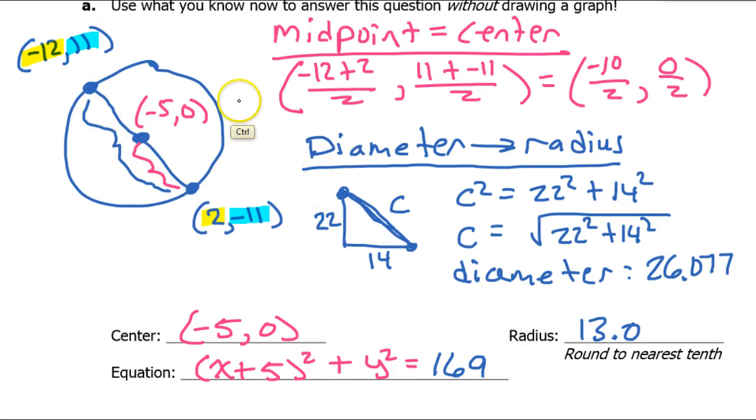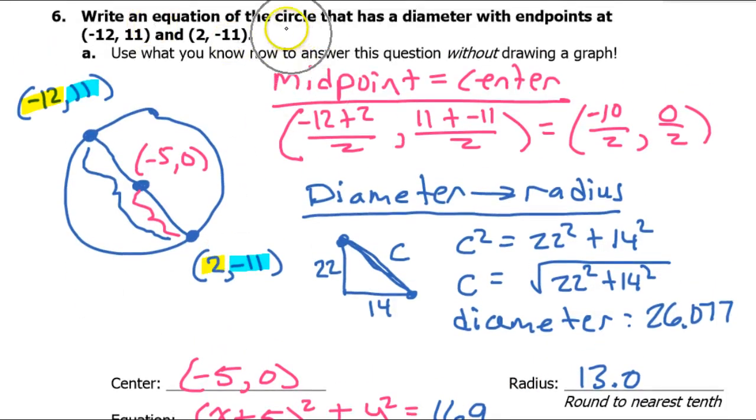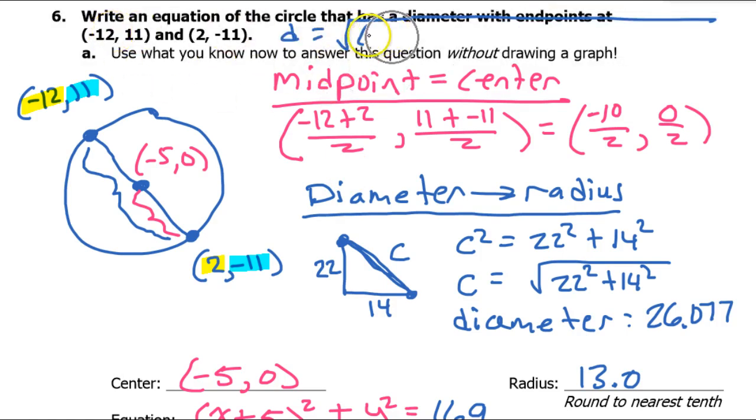But again, I could have used the distance formula if I wanted to find the distance between these, to find the diameter. I could have gone the square root of, and then it goes x minus x squared. So that would have been negative 12 minus 2 squared plus y minus y squared. So that would be 11 minus negative 11 squared. I could have done that, and then I could have put that whole thing in my calculator.